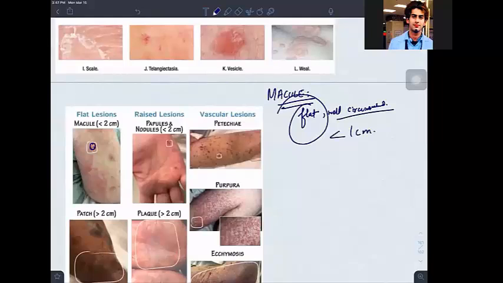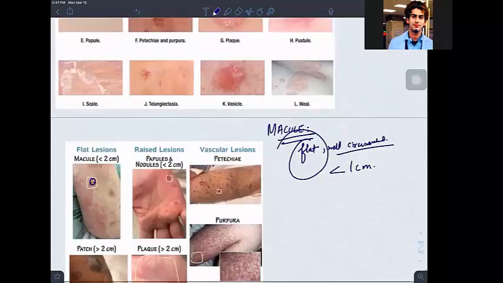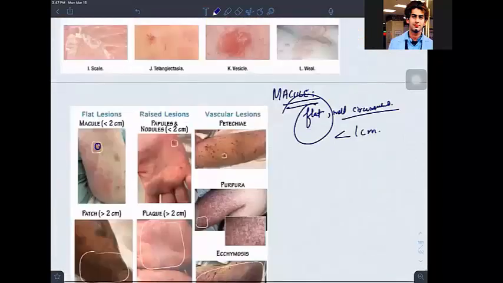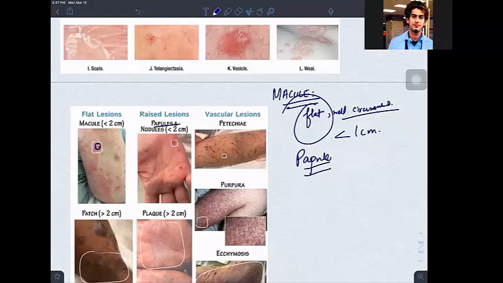Okay. What is a patch or papule? Let us compare them so that it becomes easy for you to learn. Macule is less than 1 centimeter. What is greater than 1 centimeter?